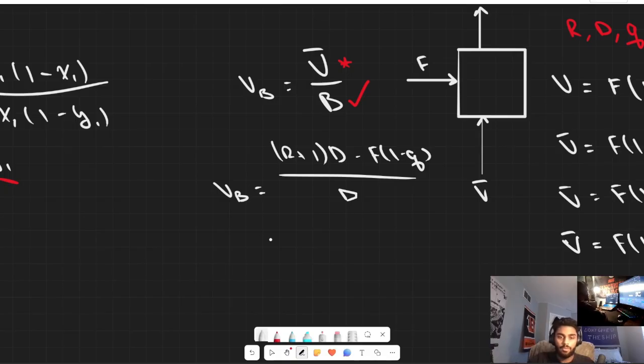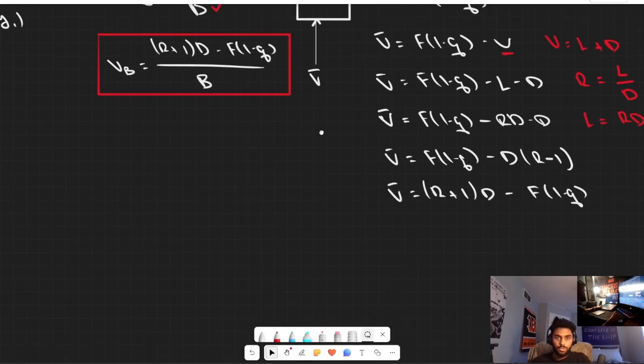So now we have this boil-up ratio in terms of our reflux ratio, our distillate flow rate, our feed flow rate. This 1 minus Q is indicative of our feed quality. So this is the vapor feed rate, and this is our bottom's flow rate.